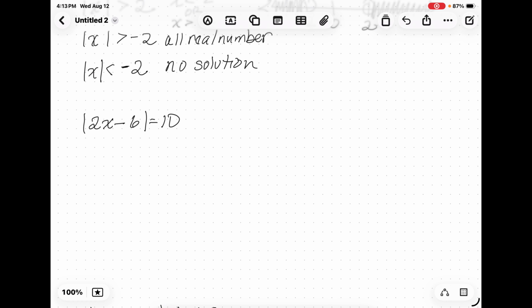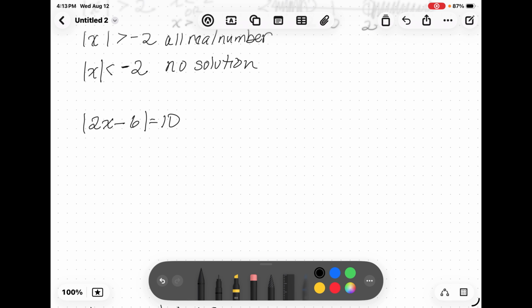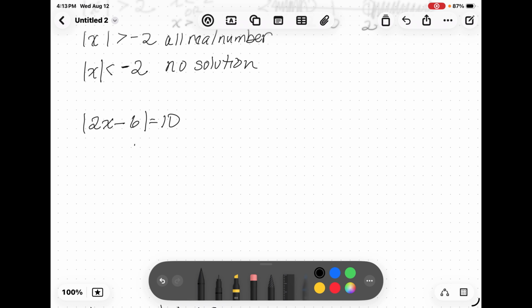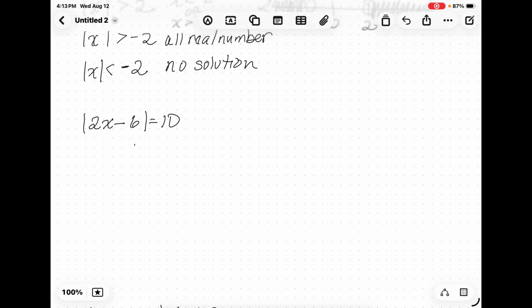Now that we've laid the foundation of what absolute value is and how it works, I'm going to give you a procedural way of working with this. So what does that mean? Well, I could think about it logically, the way I did with that introduction for absolute value, but I don't think it's going to be the most efficient way to work with it.